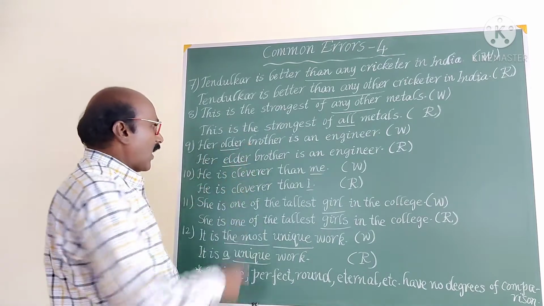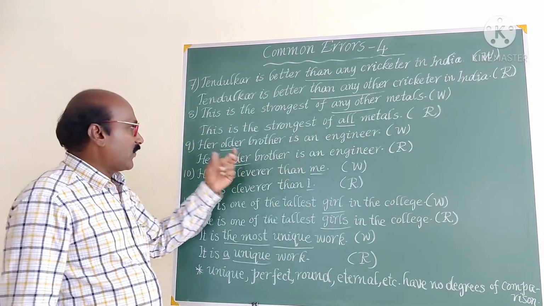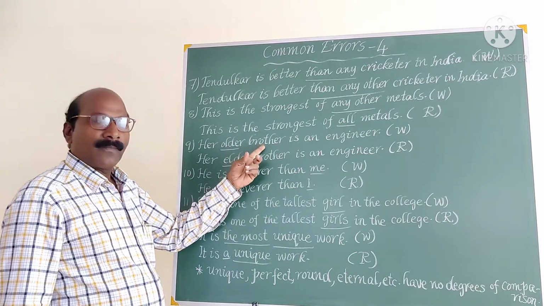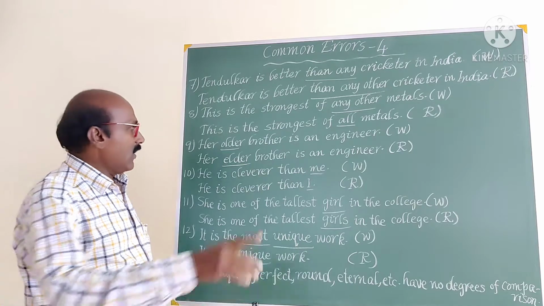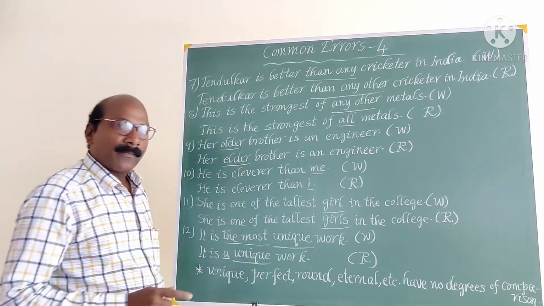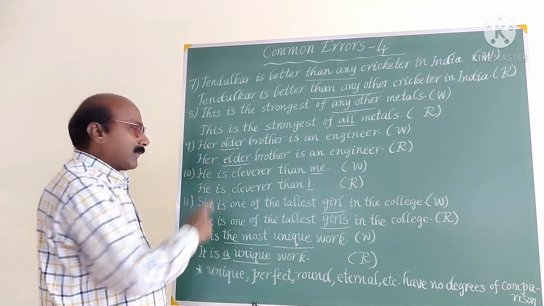Next one. "Her older brother is an engineer." It's a wrong sentence. When we refer to the members of the same family, never use older. Instead, we should use only elder.